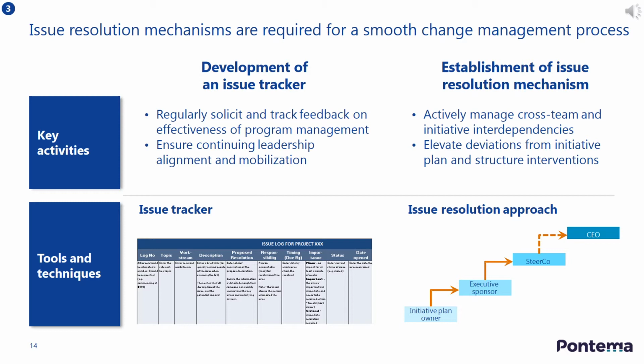The issue tracker tracks all open issues, requires team members to provide a resolution plan and due date, and helps to identify issues that require greater intervention, so the PMO can escalate accordingly. The tracker also serves as a source of evidence that greater resources may be needed to succeed.